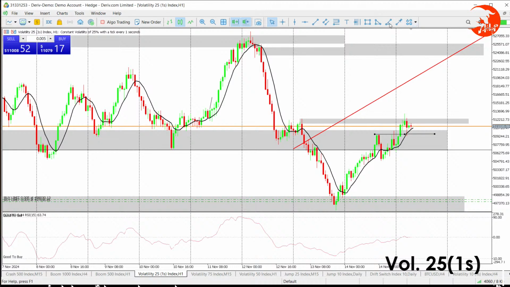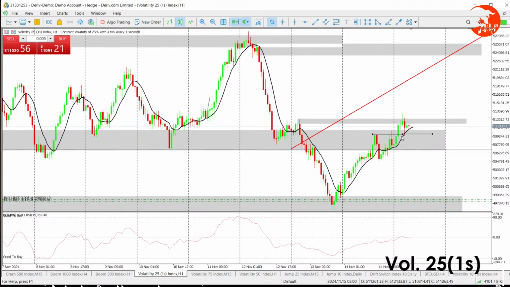Of course, in between we may see some highs and lows as it goes to that level, so you can always find ways to book some profits as you move on with the trade. All right, that is for V25. It's going to give us some money once this consolidation is done with.